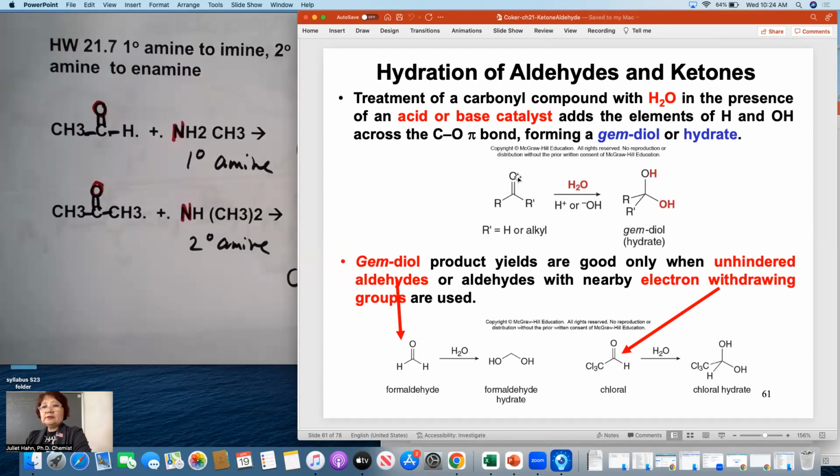So you add water to it and then you end up with a gem diol. So if you have formaldehyde, you add water to it, you end up with the original oxygen turning into an OH, and then the additional incoming water giving you the other OH. So you get that.